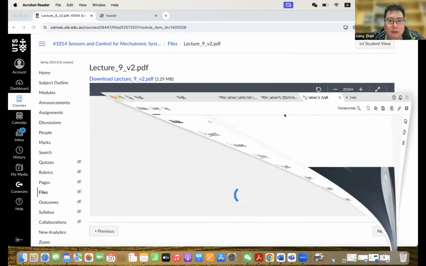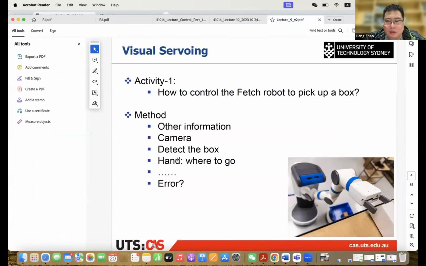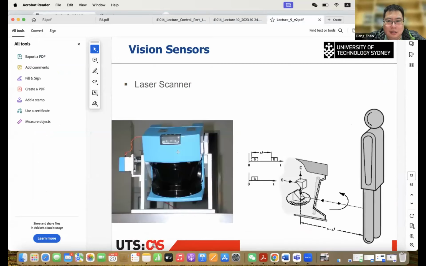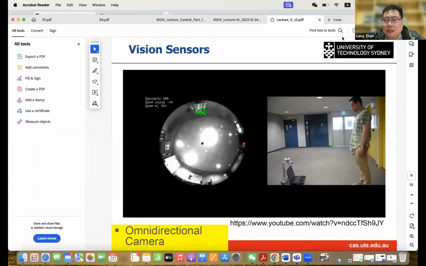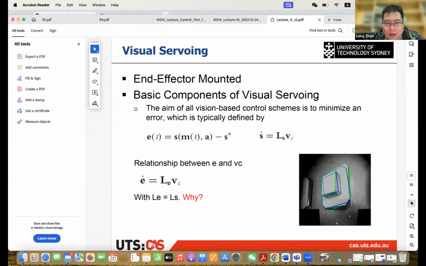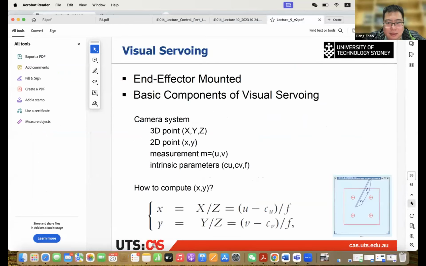And here we go. Okay, so it's visual servoing, right? So when we talk about calculating the, give me a second. Here we go. Let me give a very easy way to deal with it.